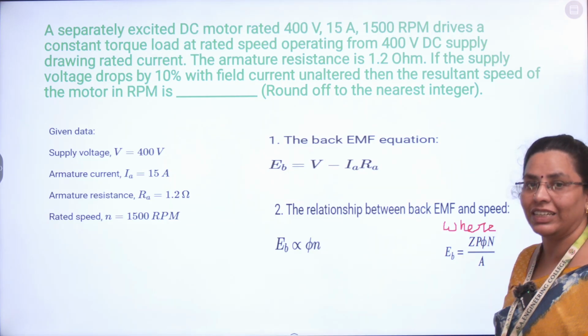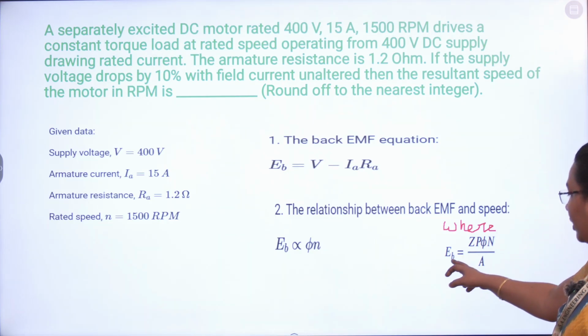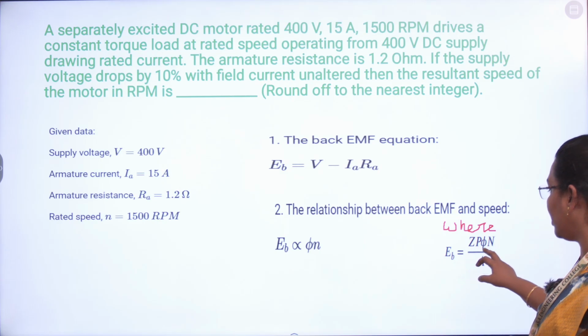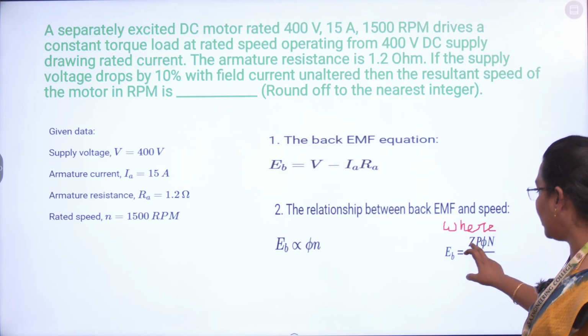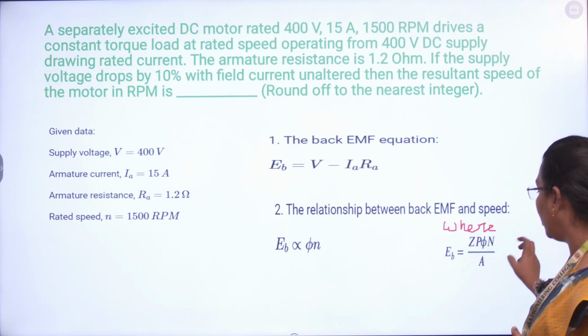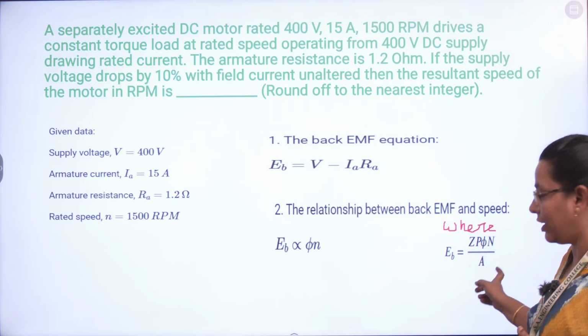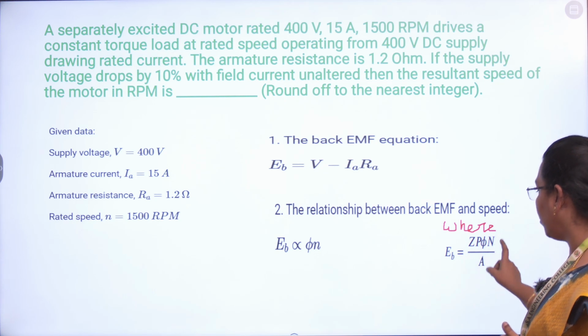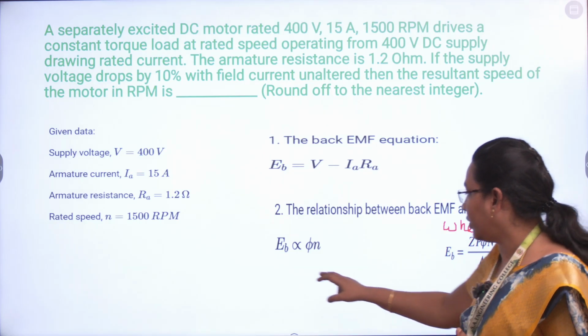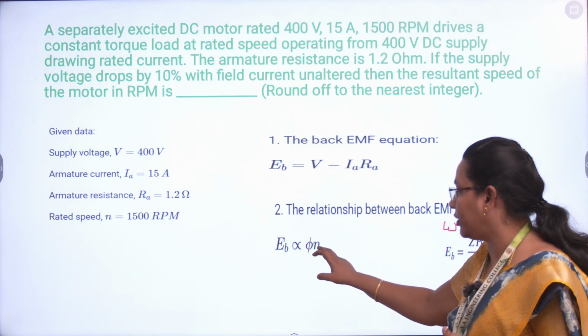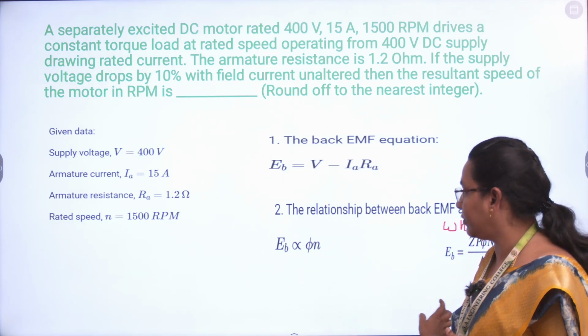We know the EMF equation EB equals phi P N Z by 60A. Here Z is the number of conductors, P is the number of poles, and A is the number of parallel paths. Z, P and A are constant, so EB is proportional to phi into speed.